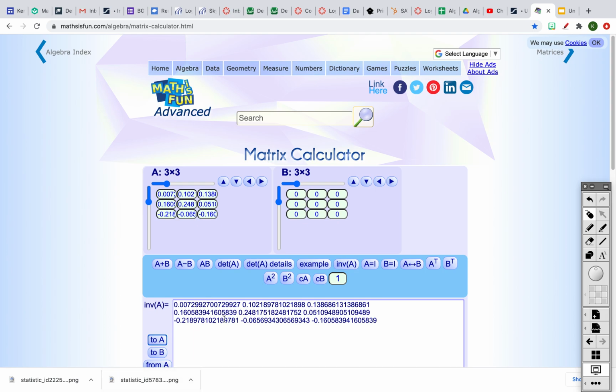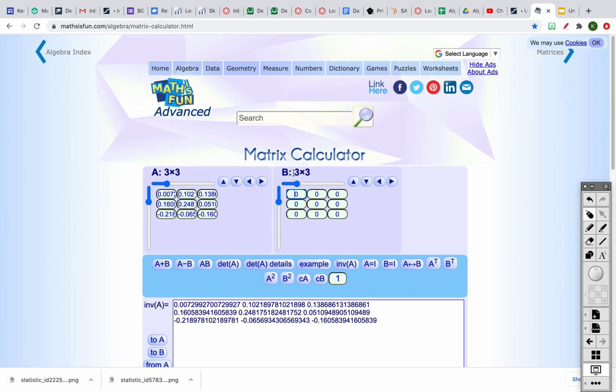And all they've done is copied the information that's here in the box and put it in here for A. So remember, it's the inverse of A, because this A box is now the inverse of A, times B. And our B for this one is 60, -12, -52.